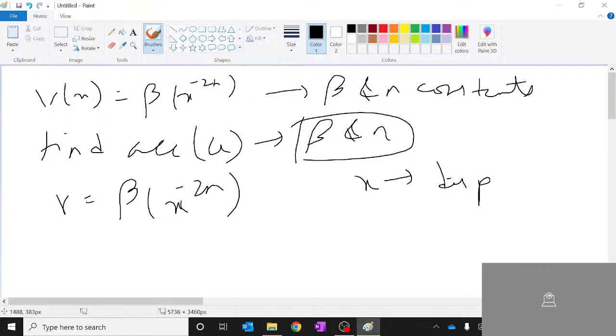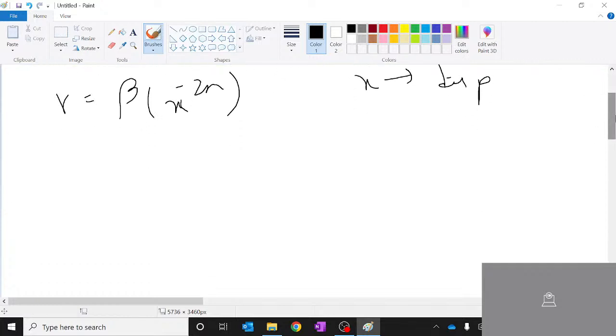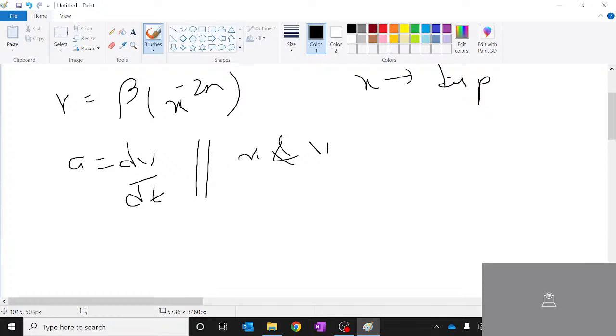In the earlier classes, I have clearly told you that acceleration is dv by dt, which I'm expressing in terms of velocity and time. Similarly, if I have to write it in terms of x and v, what do I do? Acceleration is dv by dt.